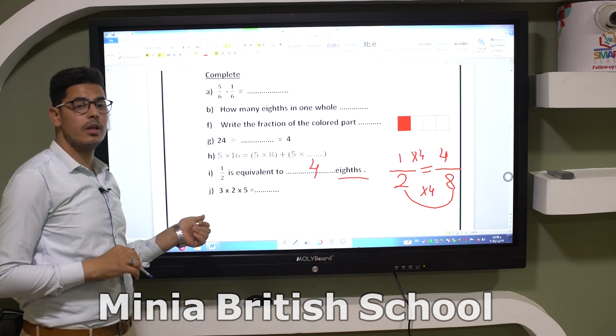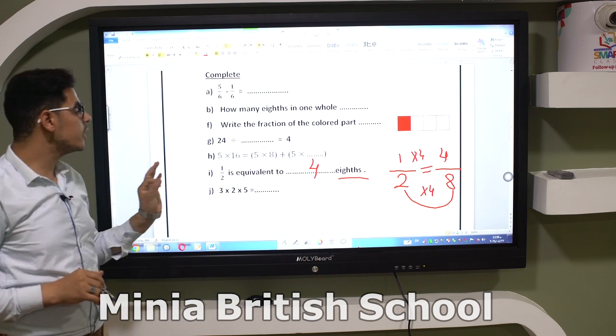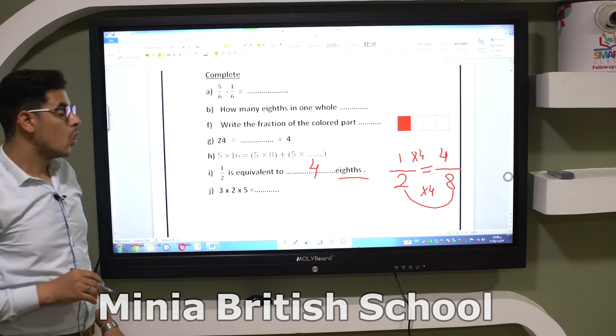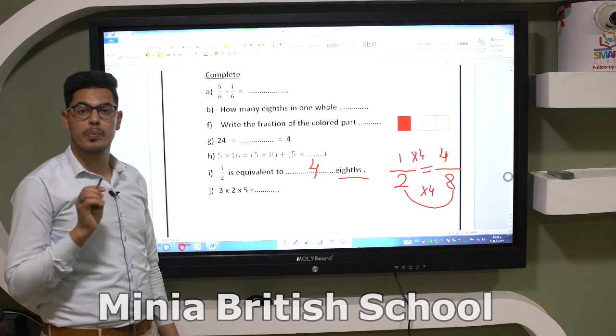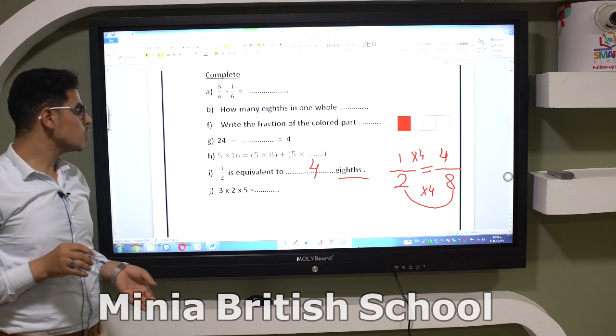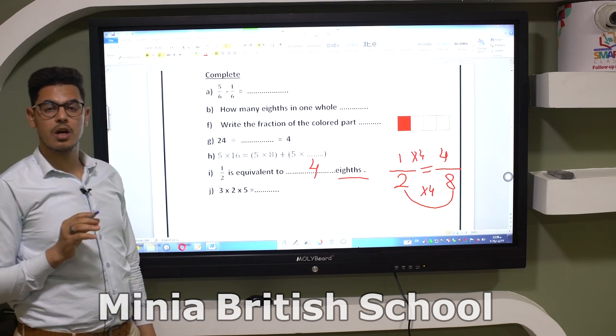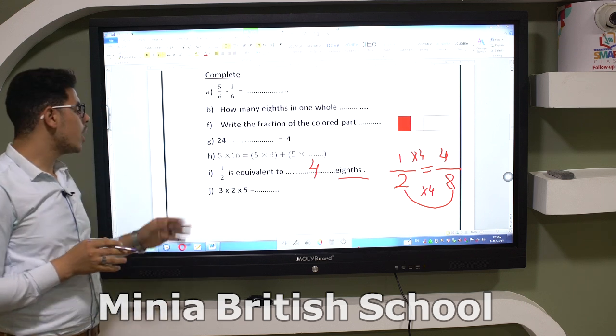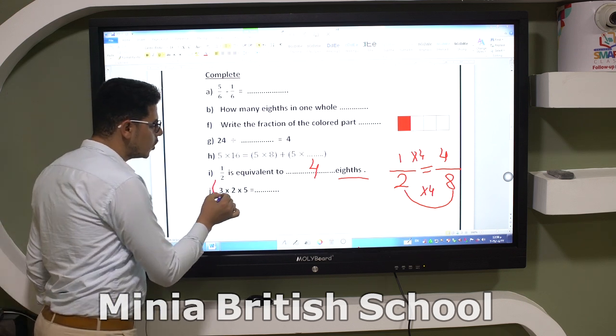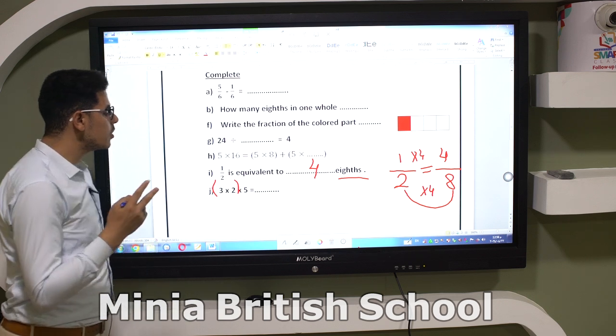In this example, how can I multiply 3 numbers by each other? We have studied the associative property, and if I want to multiply 3 numbers, I will use a bracket. I can use the bracket around the first 2 numbers.